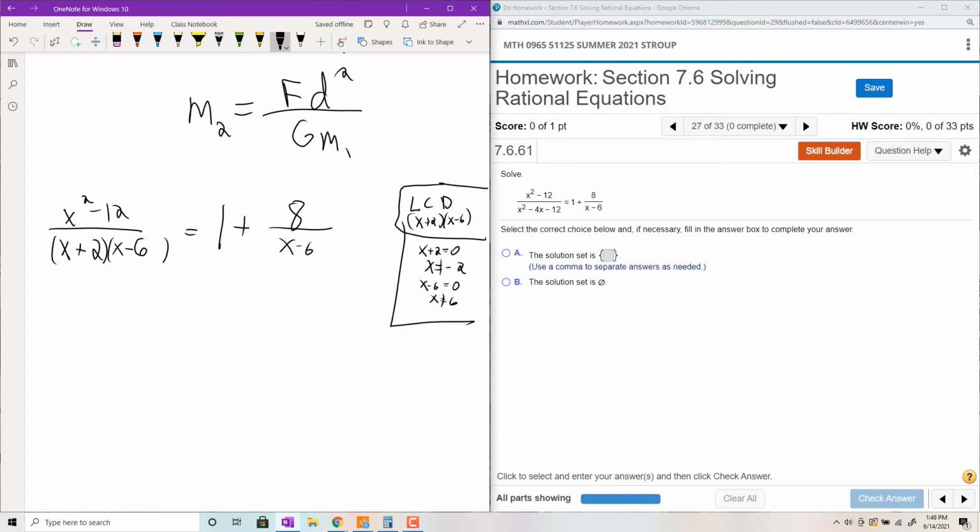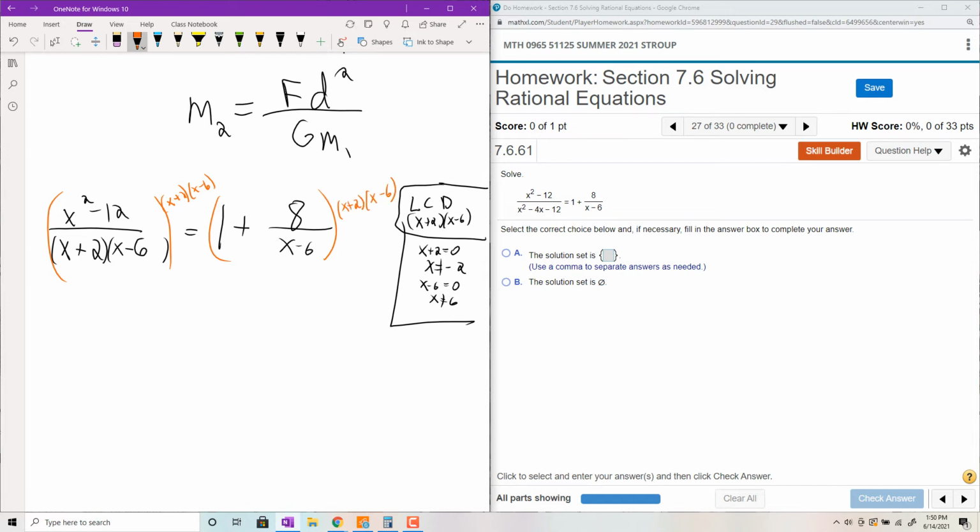Let's box that off. Okay, so I need to multiply both sides, and here we go. I'm going to smush, hopefully this won't blow anyone's mind, x plus 2 times x minus 6, and then over here as well. So x plus 2, I really had to smush it in, I'm sorry.